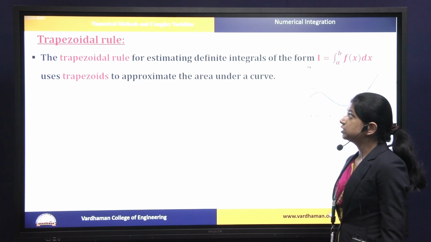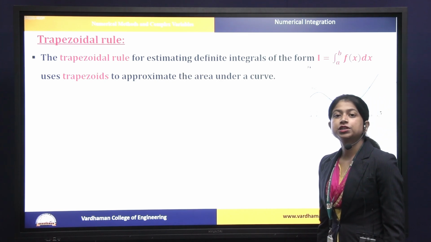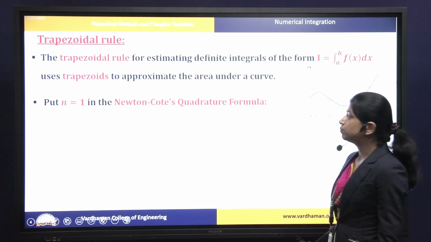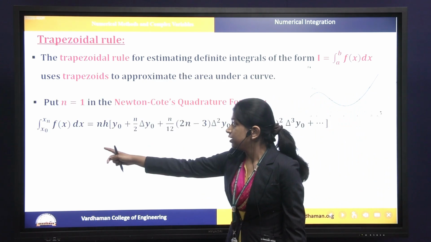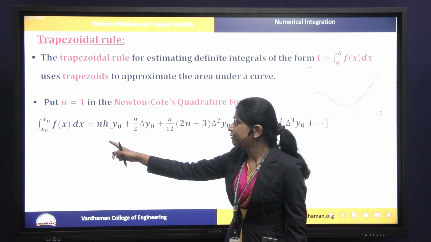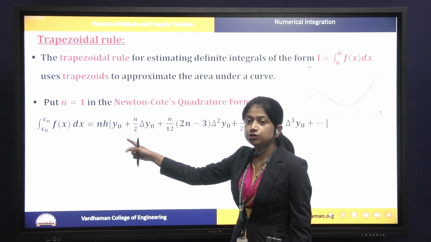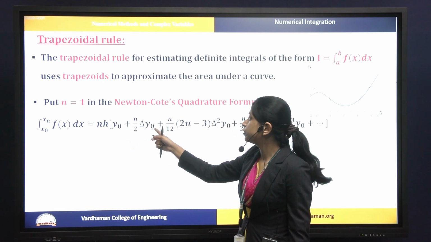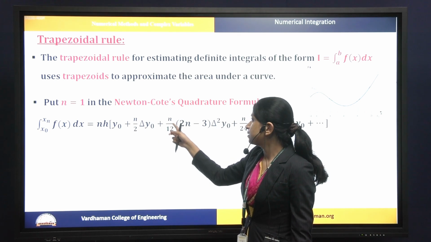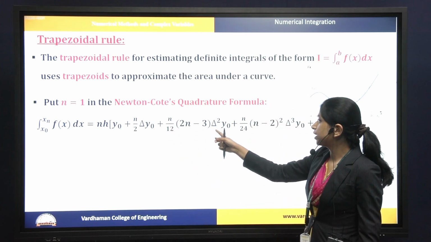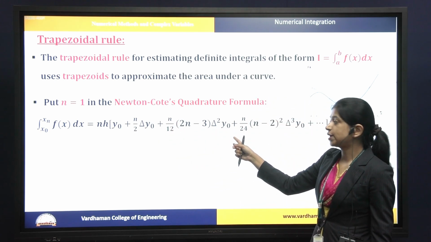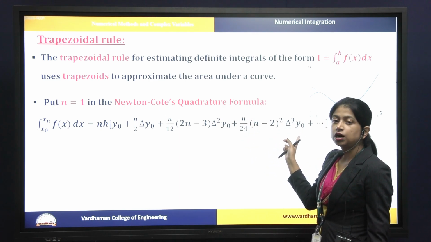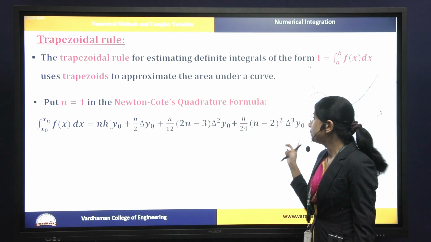We will derive this trapezoidal rule by putting n equal to 1 in the Newton-Cotes quadrature formula, which is given by integration x0 to xn f of x dx is equal to n into h, y0 plus n by 2 first forward difference of y0 plus n by 12 (2n minus 3) second forward difference of y0 plus n by 24 (n minus 2) whole square third forward difference of y0 plus so on.